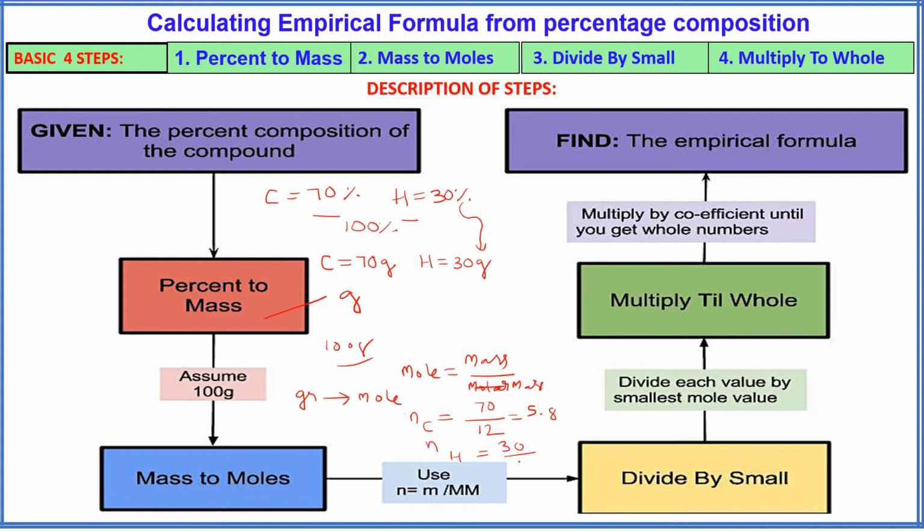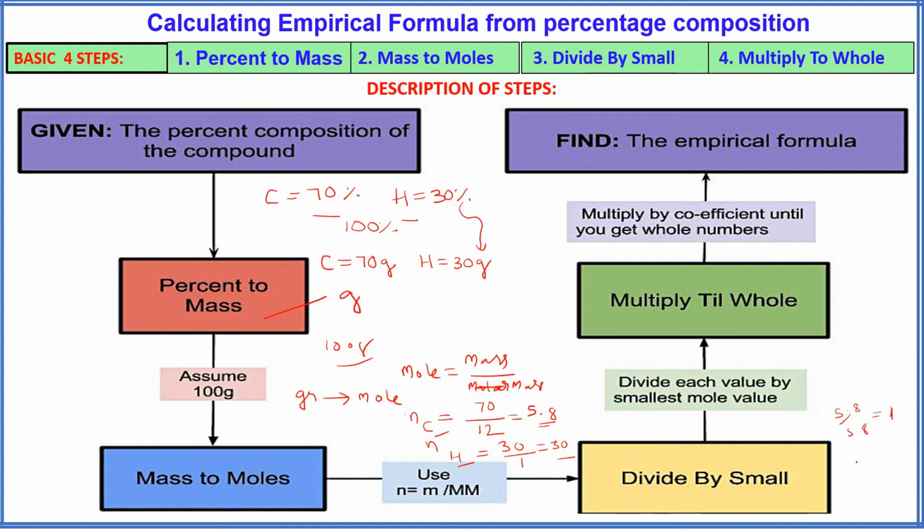What about the number of moles of hydrogen? 30 grams, atomic weight is 1, so 30 moles of hydrogen, and 5.8 moles of carbon. After this, you have to divide the number of moles by the smallest number, which is 5.8. So 5.8 by 5.8 gives 1.